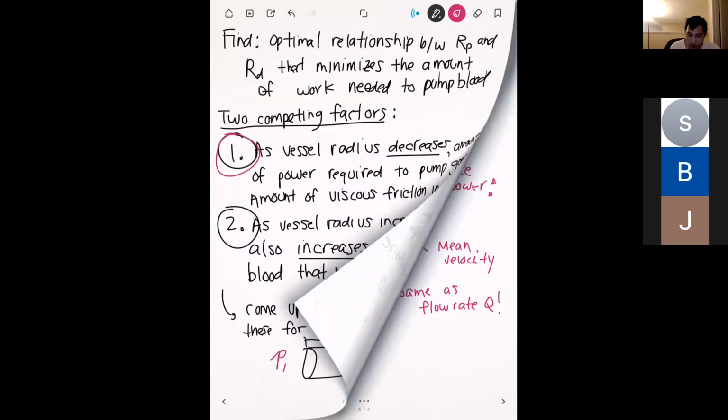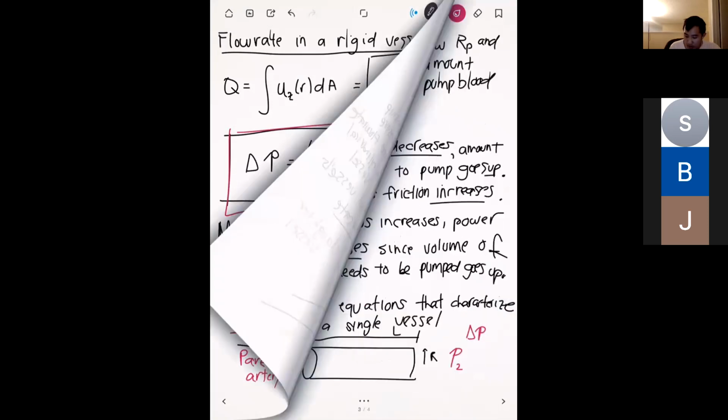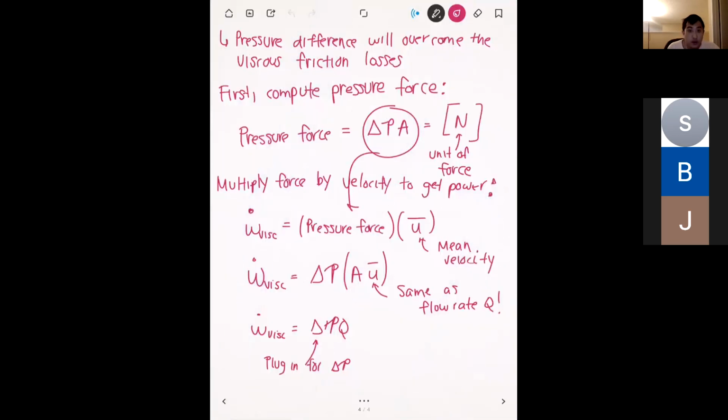Remember from the first page, we had delta P is equal to 8 mu L over pi r to the 4th times Q. Let's use that formula here. If we plug that in, we get 8 mu L over pi r to the 4th times Q squared.